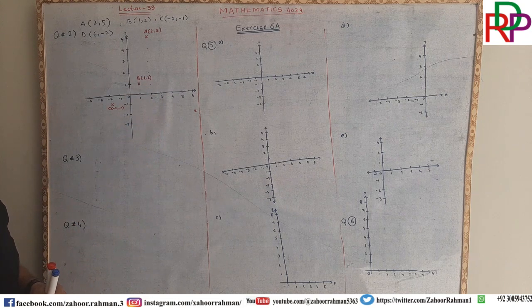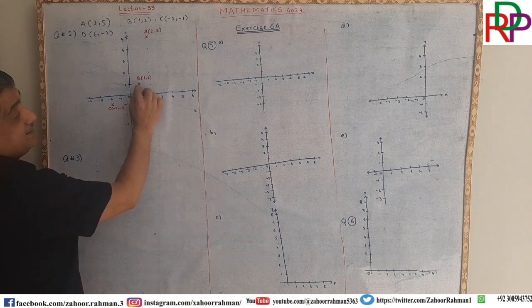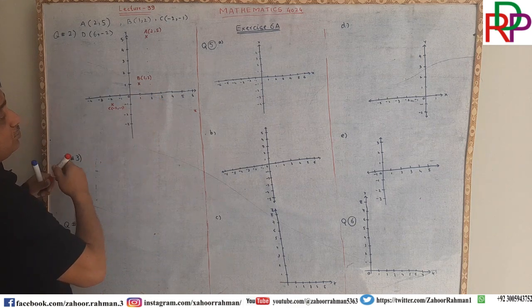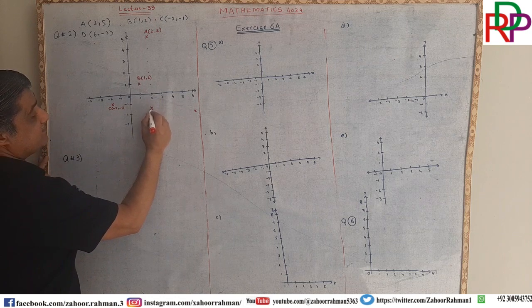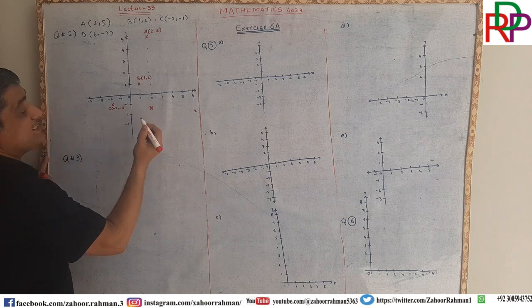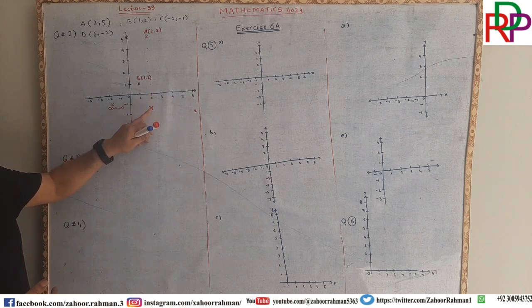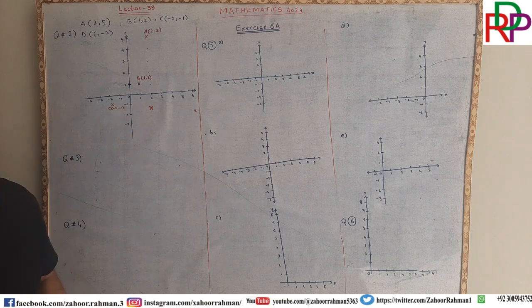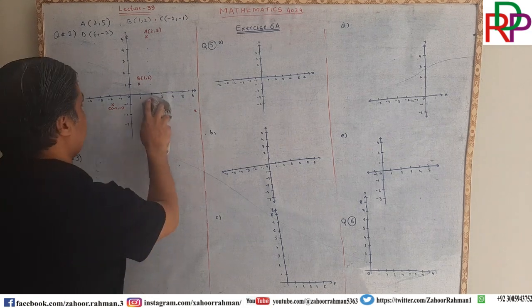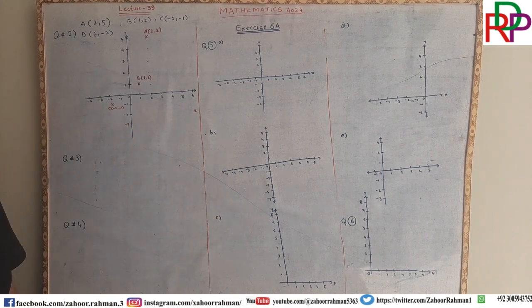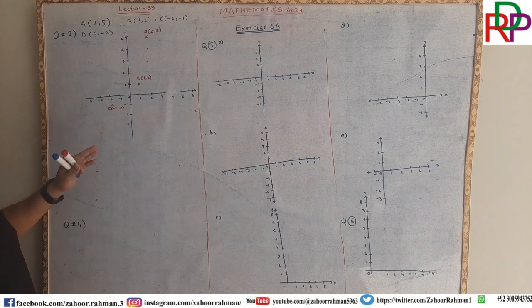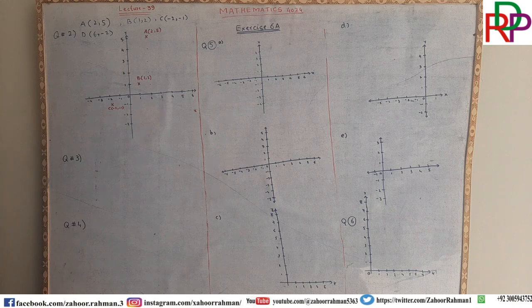The pencil should be neither too sharp nor too blunt, otherwise the cross will not be visible and will not portray the exact point. So keep these points in mind while doing graphical questions.